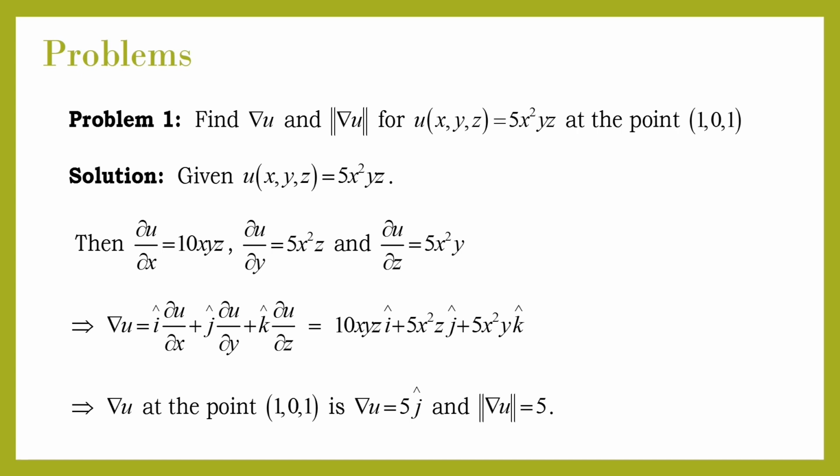That means del u equals 5j cap at this particular point. The magnitude of this del u is norm del u. So norm del u at this given point 1, 0, 1 becomes square root over 5 square, which equals 5 again. So in this problem, del u at the given point becomes 5j cap and the norm del u is 5.